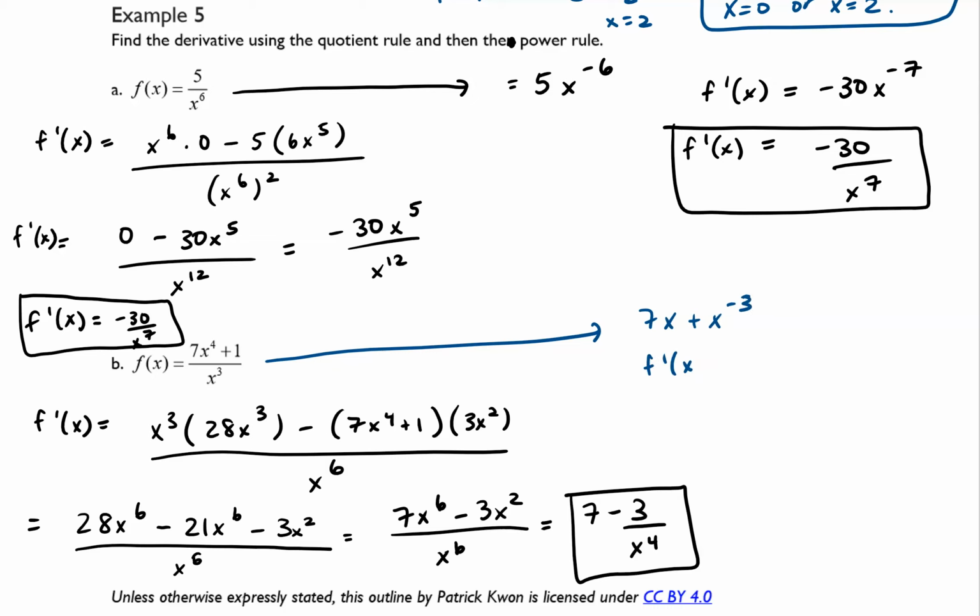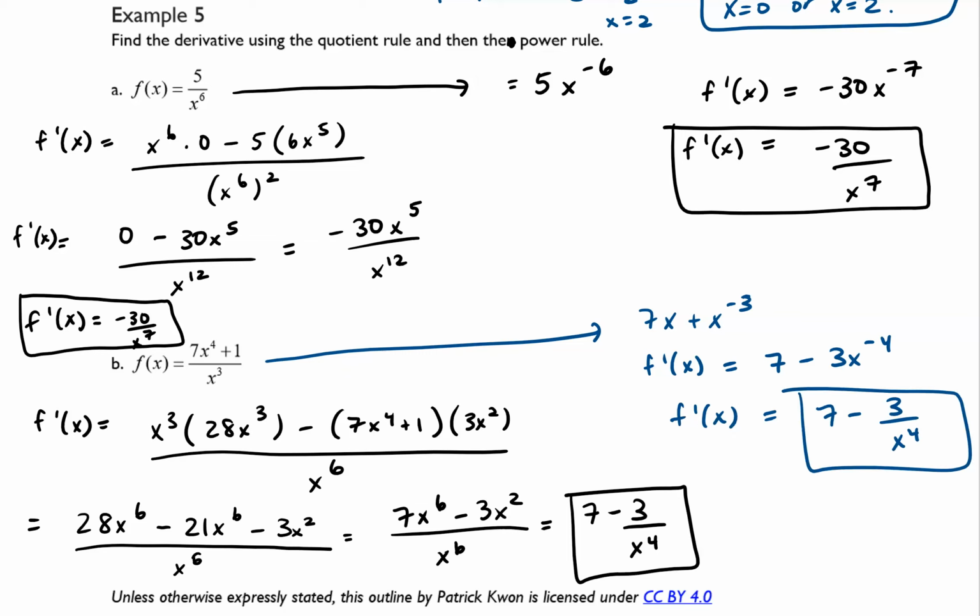And if we take the derivative of that, we get 7 minus 3x to the negative 4th, which equals 7 minus 3 over x to the 4th, like that. As you can see, the power rule is a lot quicker and you're less prone to making algebraic mistakes than when you're using the quotient rule. So if possible, try to use the power rule over the quotient rule whenever possible.